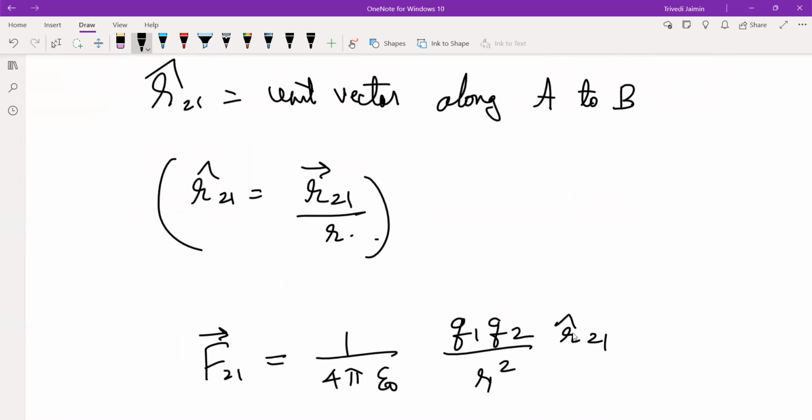R cap equals unit vector R cap equals to R vector by R.